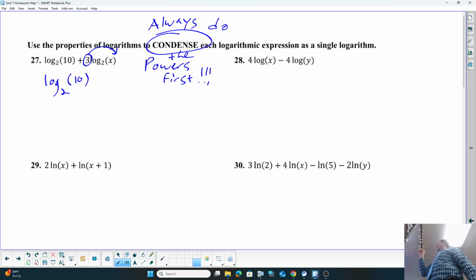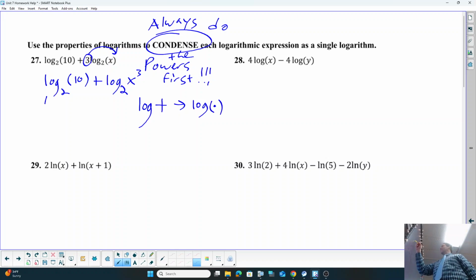Try it on your own. You got this. Plus log base 2, 10 plus log base 2 of x to the 3rd power. Now, do you know what addition becomes? So addition becomes, not subtraction, no. What's log addition become? So log addition becomes log multiplication.